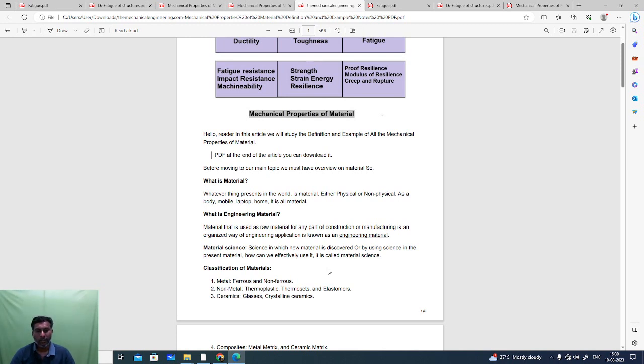Second, non-metal materials means thermoplastic materials, thermoset materials, and elastomers. Next, ceramic materials are glasses and crystalline materials, for example tiles and marbles, where we include silicon or some other particles.